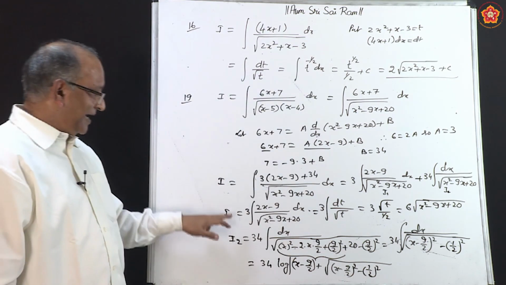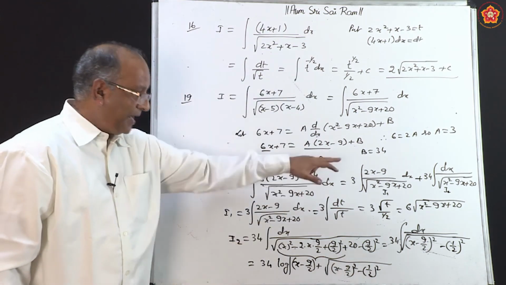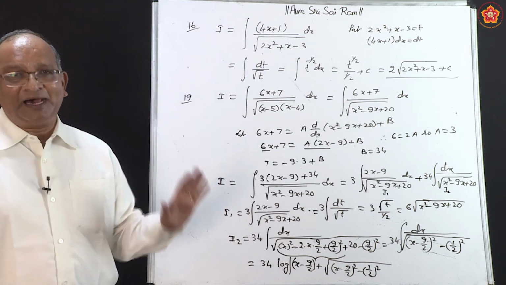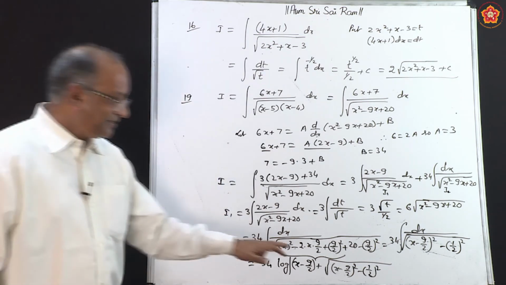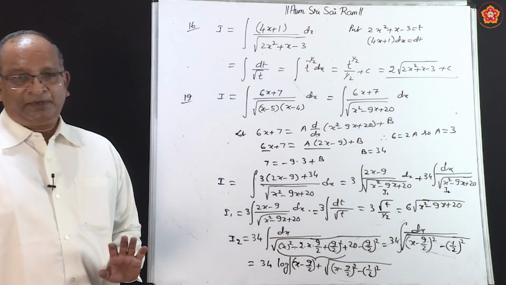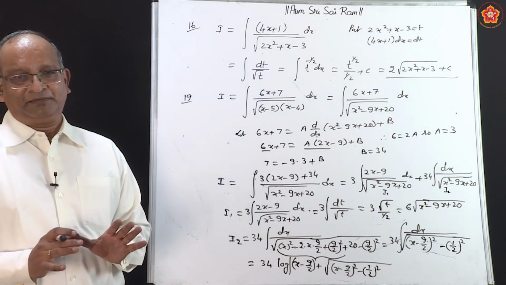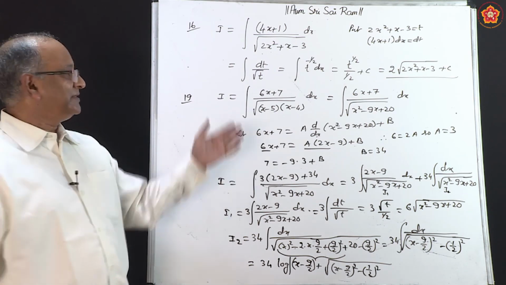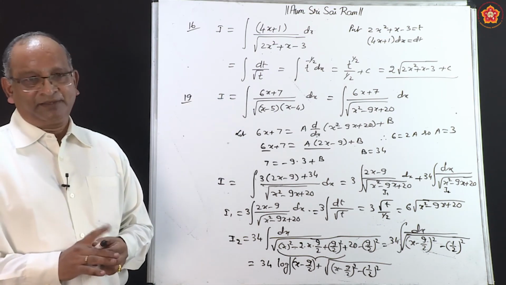We got I1, we got I2, club both of them, that will give you the answer. But a little bit of simplification you can do by taking the LCM. It will become a little more simple, but this is how this kind of problems are solved.